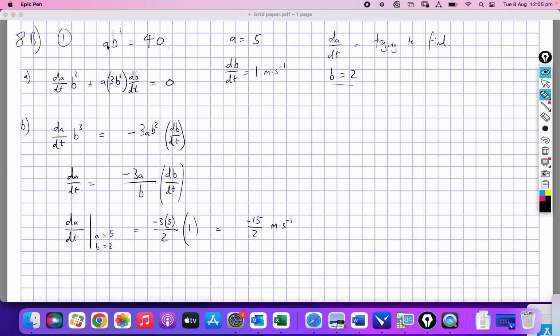And if a was increasing, no, b was increasing at this point. Okay, so if b is increasing, a must be decreasing if we want to hold this multiplication constant.